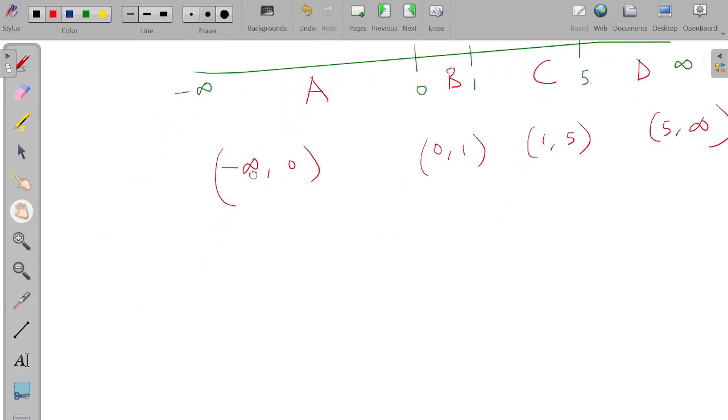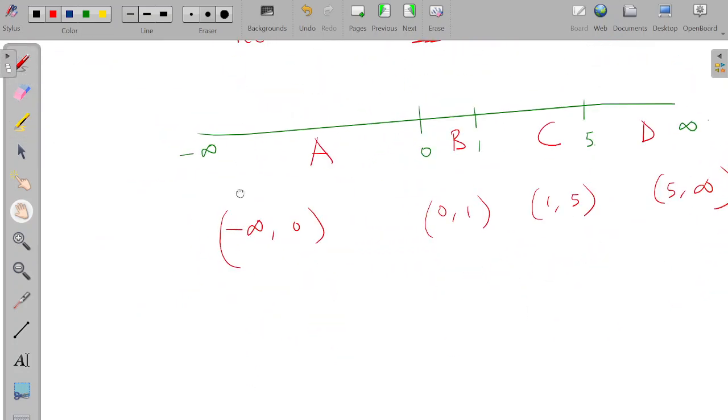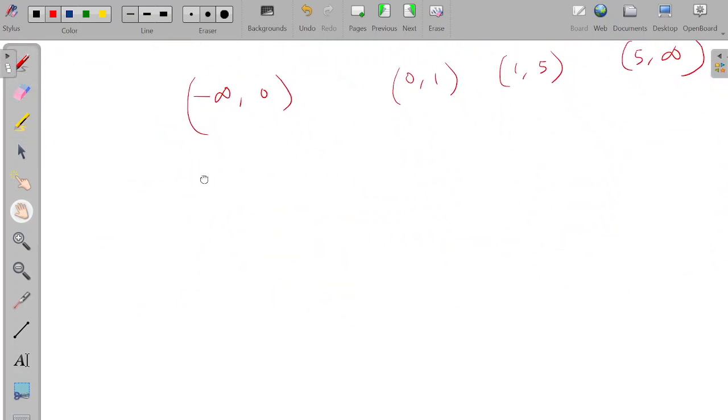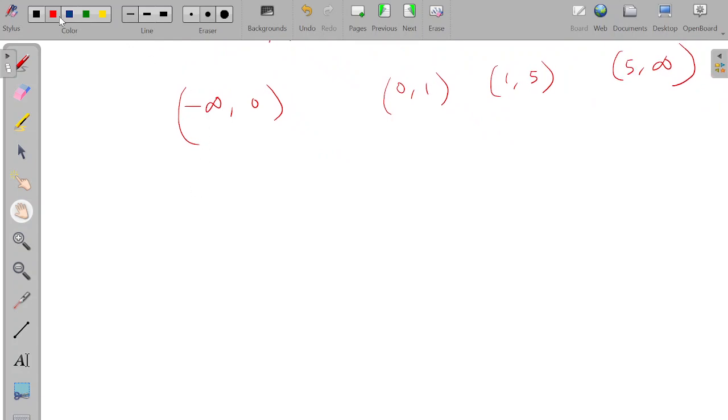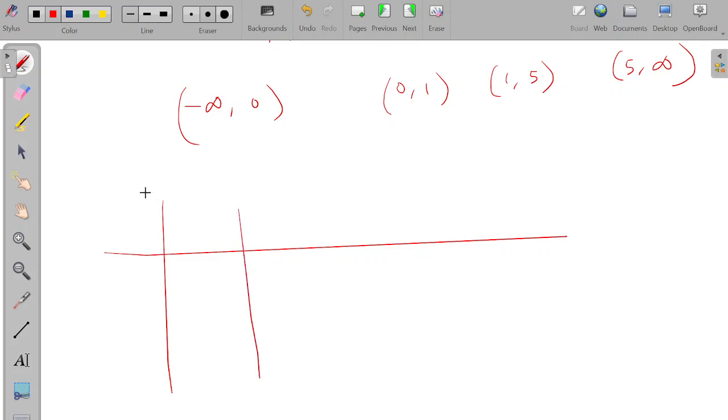So I now need to draw my sign chart. I have negative infinity to 0, then 1, then 5, then positive infinity.